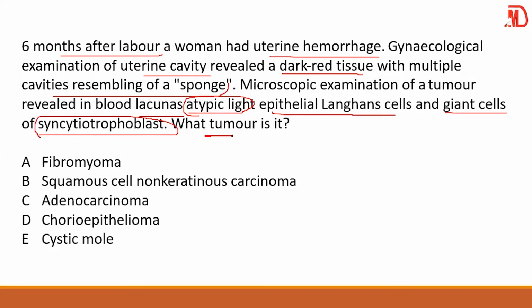And the tumor, like you see, what tumor is it? I was making that mistake, thinking that chroniosepsis is the same as chorioepithelioma. My mind was on epithelioma. So this one, we are dealing with chorioepithelioma.